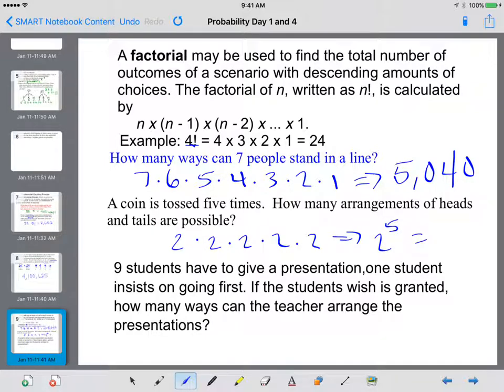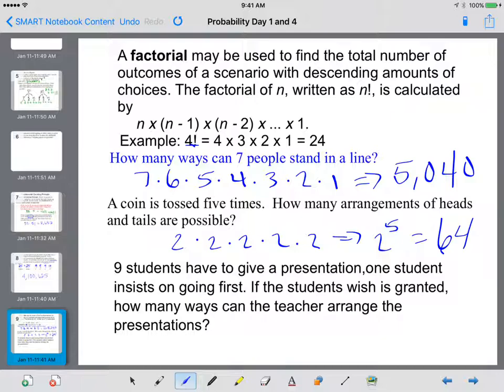And so 2 times 2 times 2 times 2 times 2 is, well, I'm sorry, I lost track. 2 times 2 is 4, times 2 is 8, times 2 is 16, times 2 is 32, times 2 would give us 64.